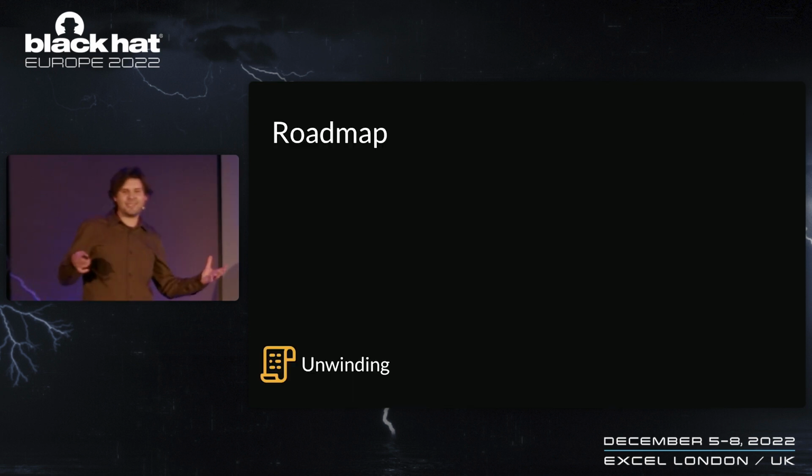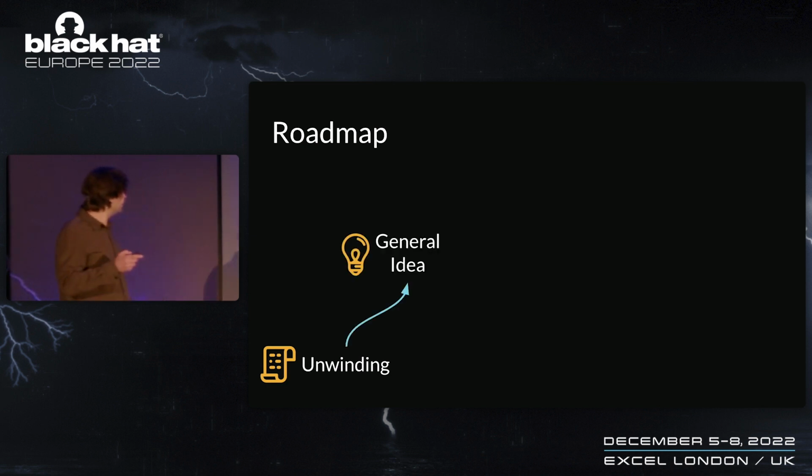Now let's see the gist of what we're going to talk about. We're going to start discussing a little bit on how the unwinder operates, to see what the problem with it is. Then, based on the problem, we're going to build with you the CHOP technique. We're going to show you how it works and how you can gain further control while pulling off this attack.